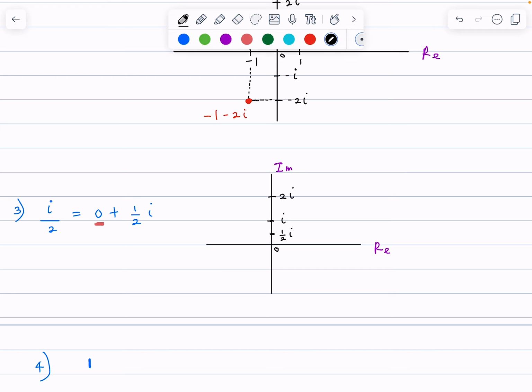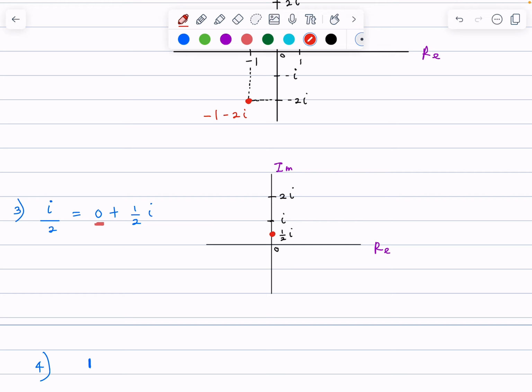So if I want to plot this complex number 0 plus 1 over 2 i, which is the same thing as i over 2, it is actually this point here. Because I have 0, just trace it up to that point. That's it.